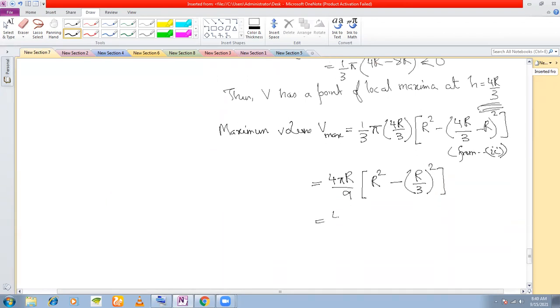That means you get 4 pi r by 9 into r square minus r square by 9. So you get 4 pi r by 9 into 8r square by 9.